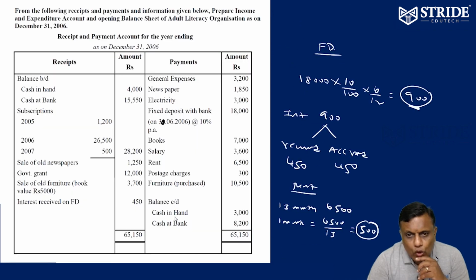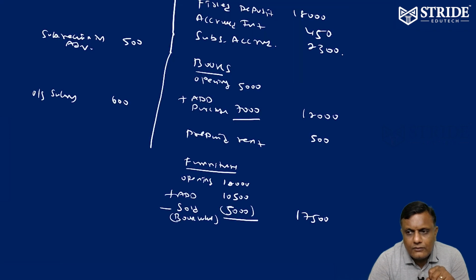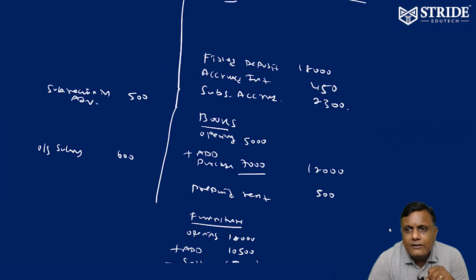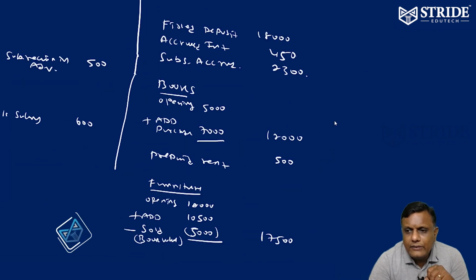Okay. Closing cash 3,000, current year asset. Closing cash at bank, current year asset. So I think this is going to be in the current year balance sheet. Yes, current year balance sheet.